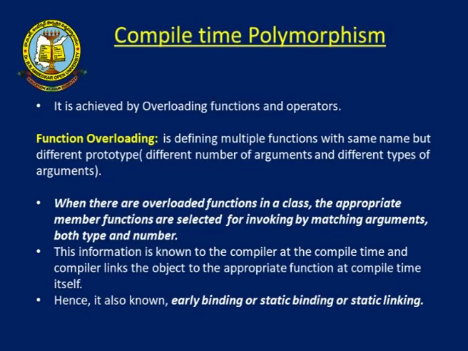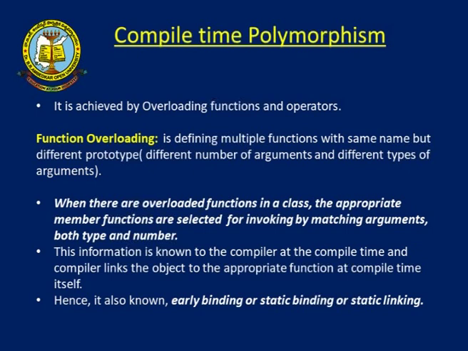If there is a match, that particular function will be linked and invoked. That means the compiler knows which function to be executed and linked to the particular object at compile time itself. That is why it is called compile time polymorphism.